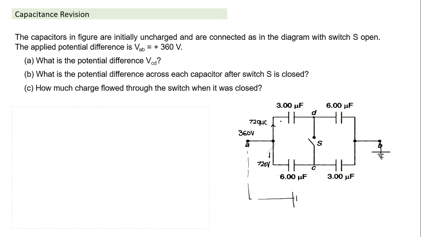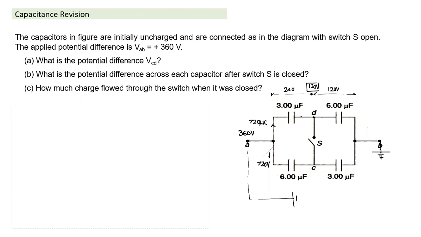Where the capacitance is smaller, the potential drop will be more: two proportions here and one proportion here. So if you divide into three parts in total, one part here is 120 volts, and this will be 240 volts. Okay, so if this is 0, this point is at 120 volts.